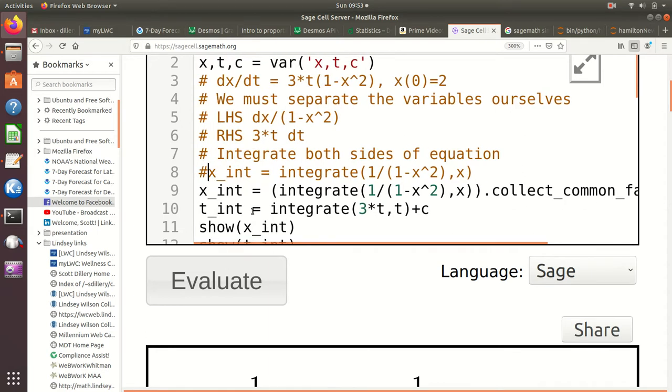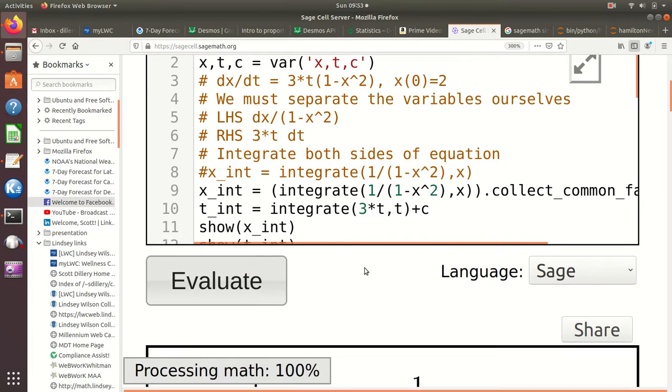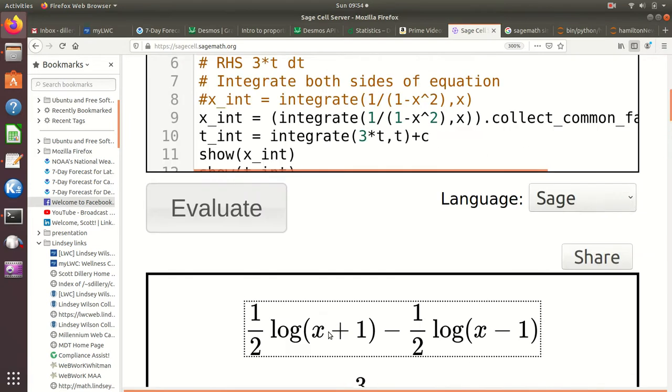So I tried that, and I hit evaluate, and it didn't work. I have that same thing here again, so I get all the other same results.